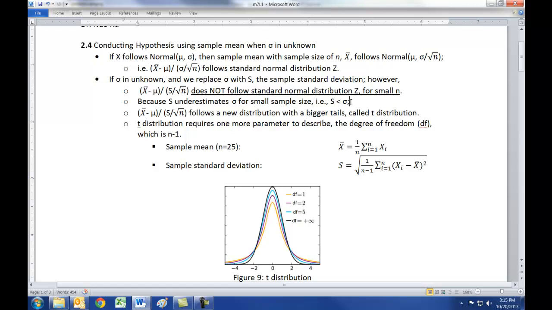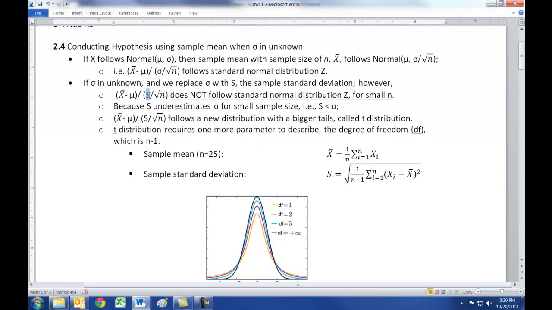So imagine what it would look like. Replace the true standard deviation with a smaller value, which is the sample standard deviation. Imagine how it would affect the density curve.